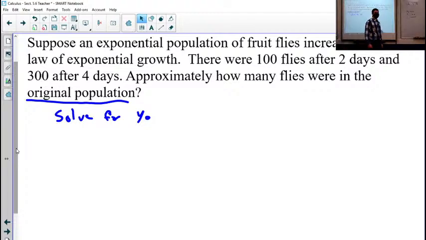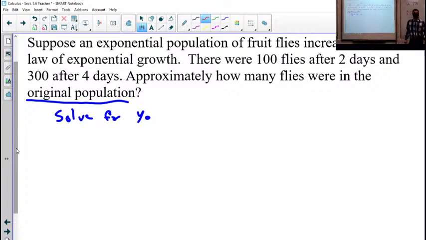And this one's going to be a little bit more complicated, because we also need to figure out what k is. The good news is we have 2 points to use.